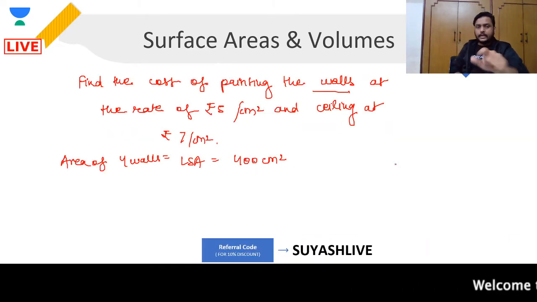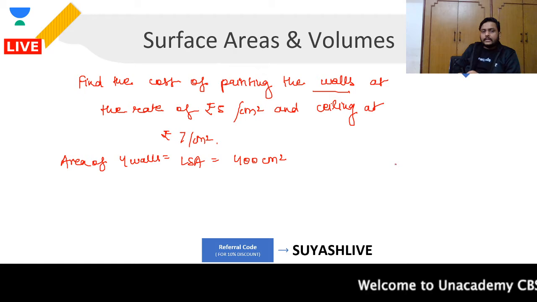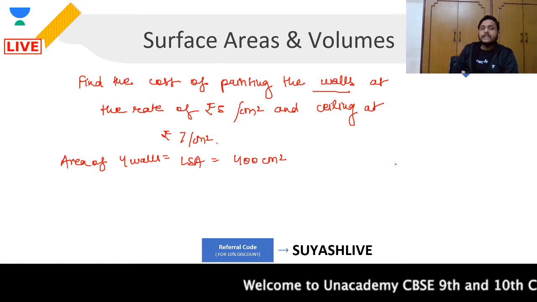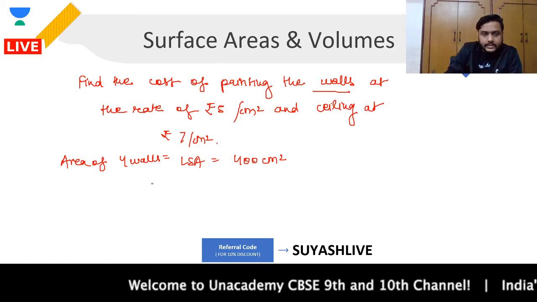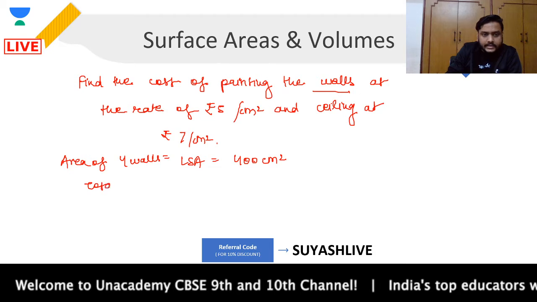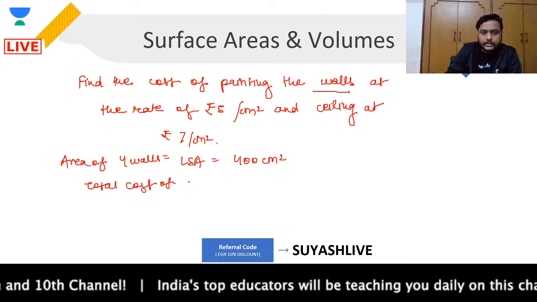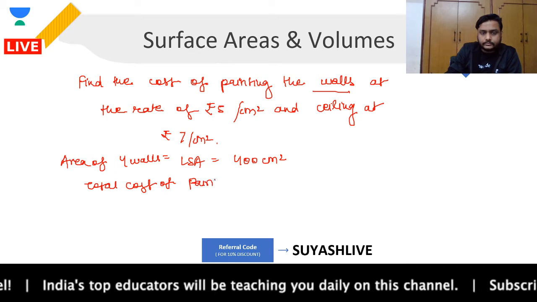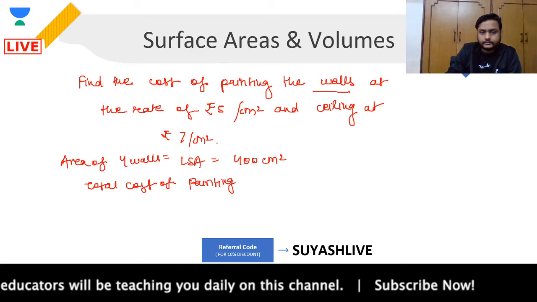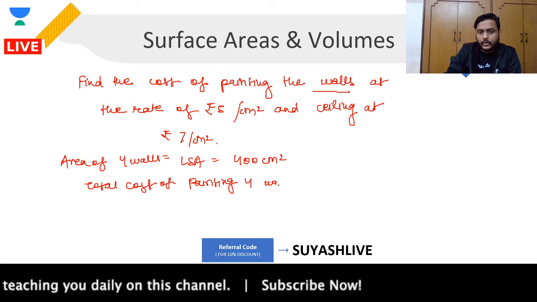Now guys, if you see, the rate of painting the walls is ₹5 per centimeter square. So if I say the total cost, please focus, for 1 centimeter square what is the total cost of painting 4 walls?